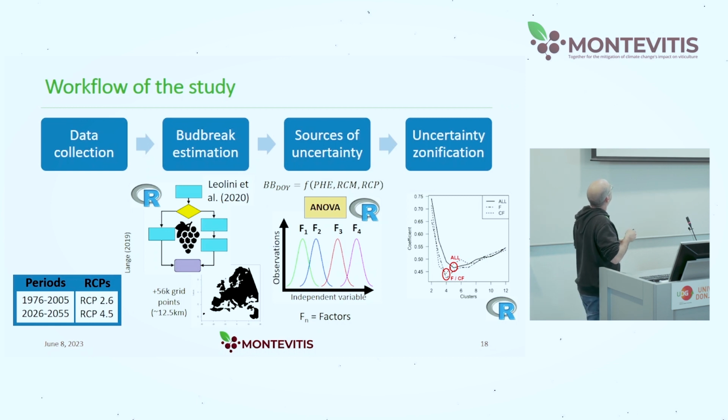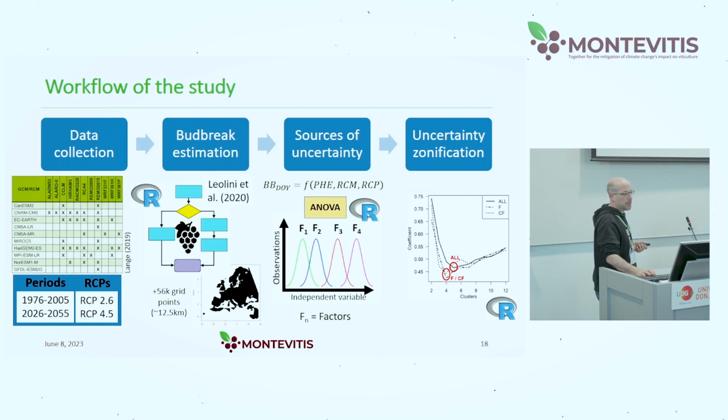Then we estimated bud break on more or less 56,000 points in Europe for 60 different climate scenarios. And then we calculated the uncertainty with an ANOVA, and we zonified the different sources of uncertainty.